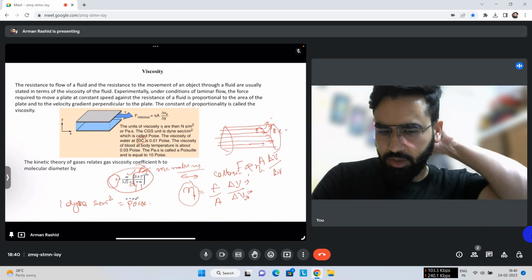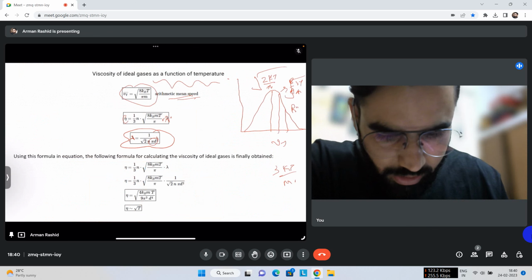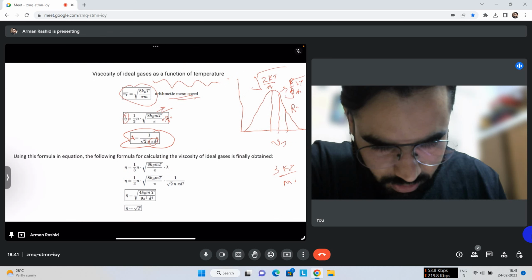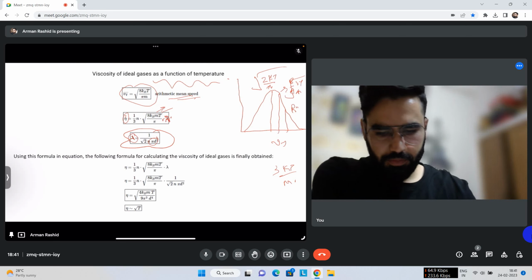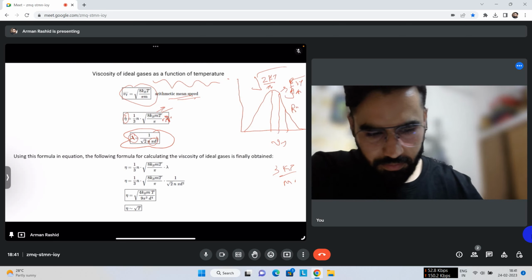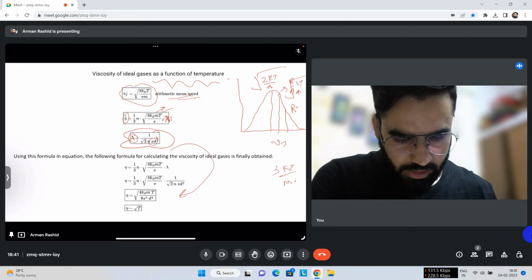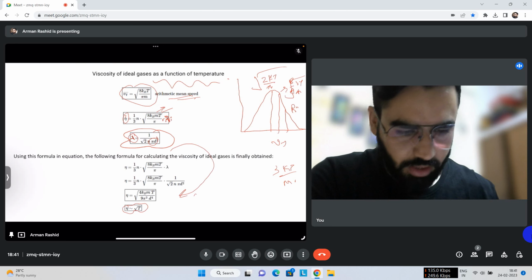So from the kinetic theory of gases we can correlate the viscosity to the temperature, molecular mass, and also to lambda, the mean free path. Doing some rearrangements, we can determine that viscosity is directly proportional to the square root of the temperature.